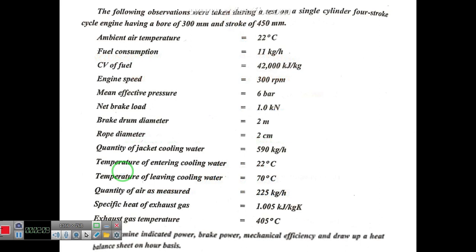One by one we are going to see the problem. In this problem the observations for the engine are given: ambient temperature, fuel consumption, calorific value of the fuel, engine speed, mean effective pressure, and net brake load, that is how much load is given to the engine.